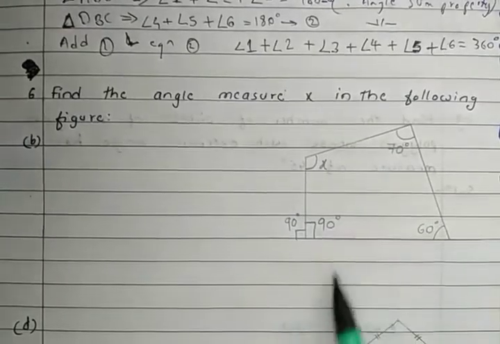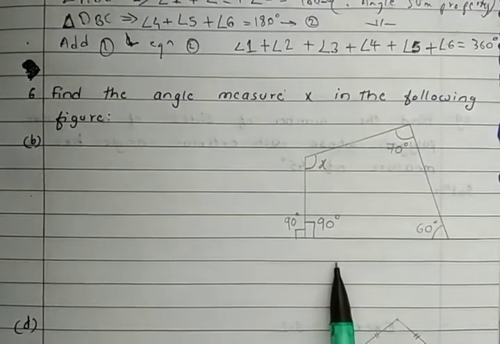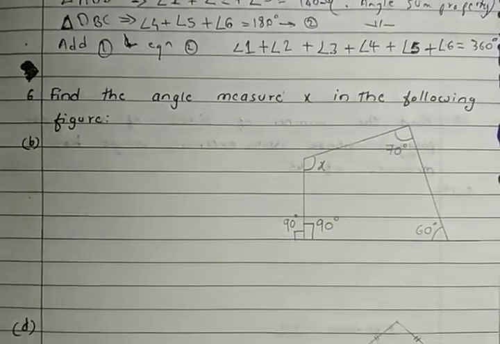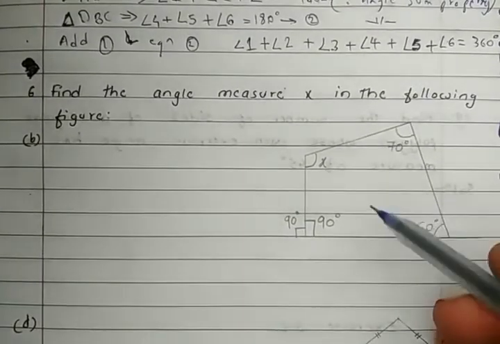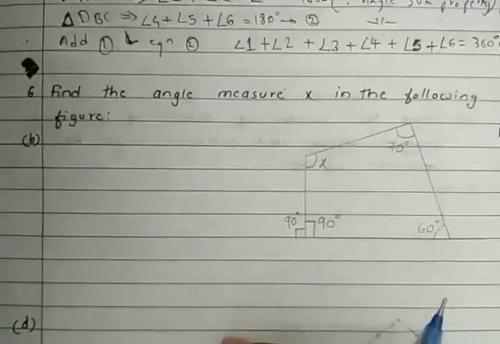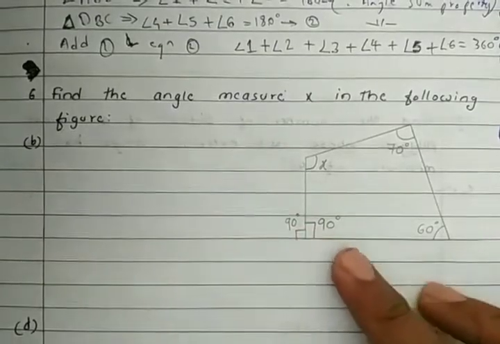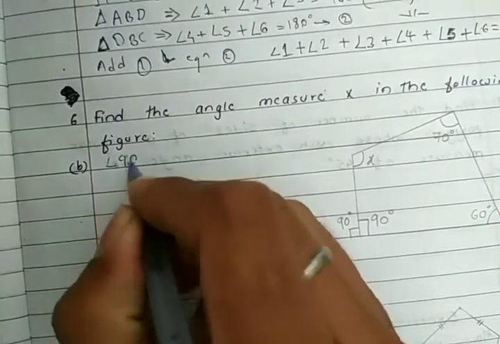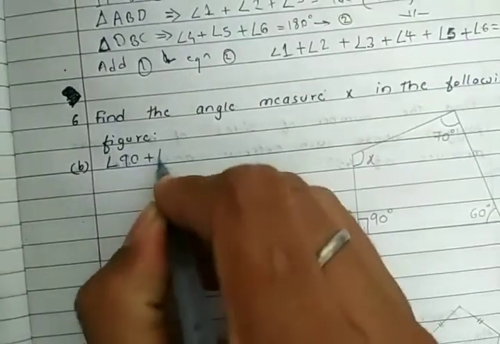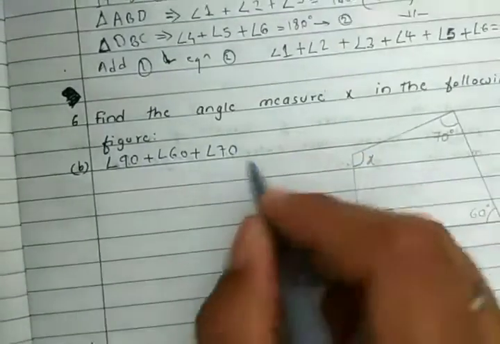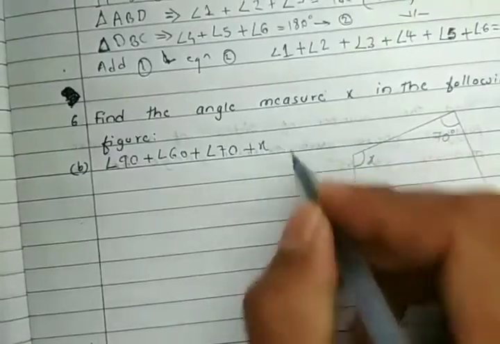So how will we do that? First of all, we will use angle sum property to find the interior angles. Okay. Angle 90 plus angle 60 plus angle 70 plus x.